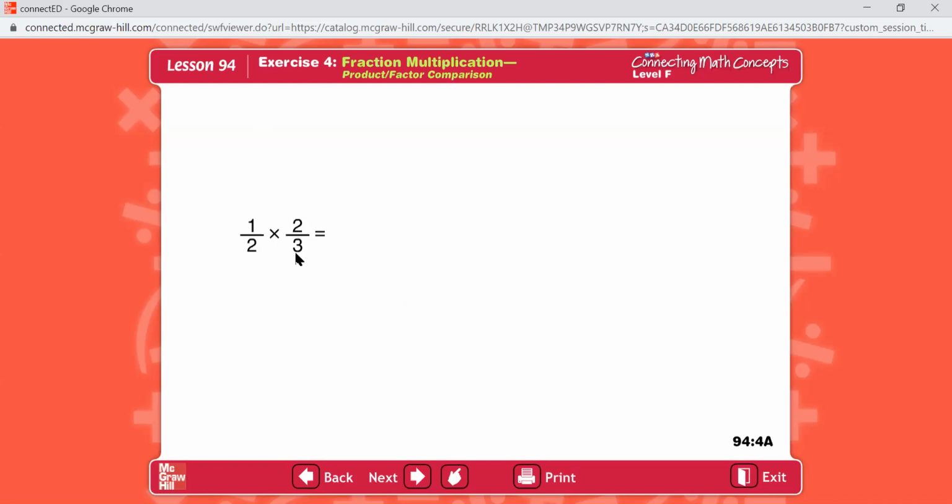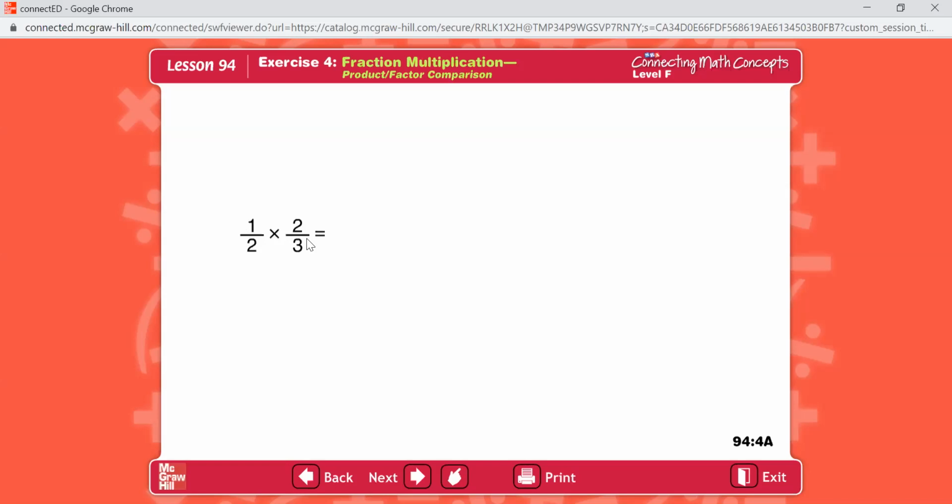So will we end up with more than half or less than half? We're going to end up with less than half. This answer is going to be less than half, less than this number right here, because this is less than 1.